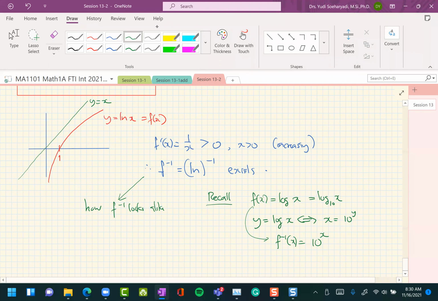All right, so what's a mirror image? This is 1, then this becomes this image. And because this is asymptotic to the negative y-axis, the image should be asymptotic to the negative x-axis. Okay, so that's the graph of the inverse.